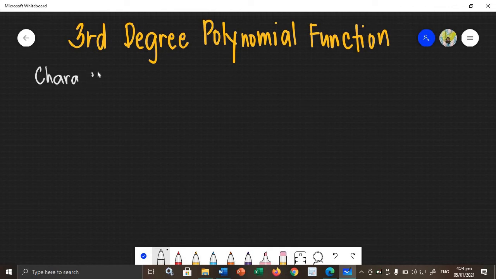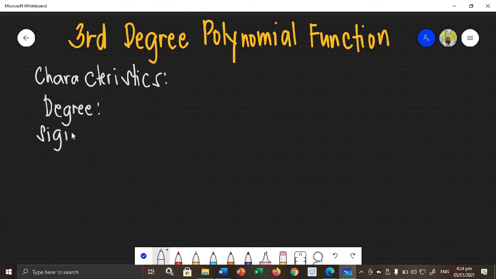And the characteristics of the graph that I am going to look for is the degree, the sign of the leading coefficient. So, LC na lang ilalagay ko, no? Sign ng leading coefficient yan.